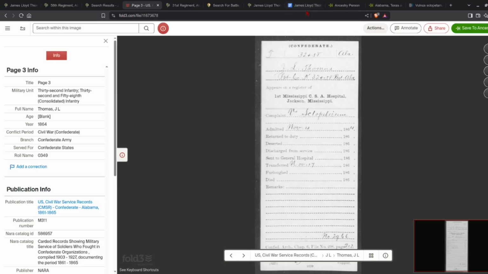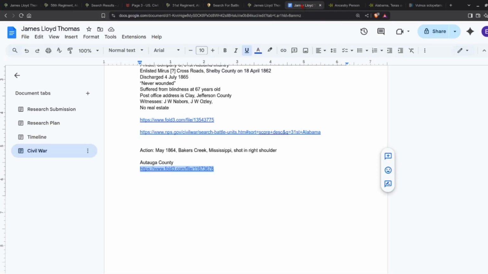Okay, so let's go back to our notes here and let's see what we've learned. It's hard for us to say for certain that this is the J.L. Thomas that married Sarah May, but it is a good chance. And so that indicates that there is another J.L. Thomas, and we need to spend some more time looking at these men and seeing if there are other parental candidates.